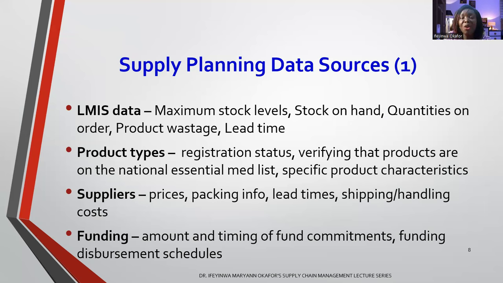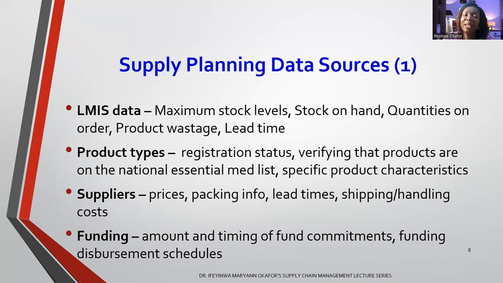The first data source for the supply planning process is data from the logistic management information system, and the data we get from this source are maximum stock level, stock on hand, quantities on order, product wastage, and lead time.